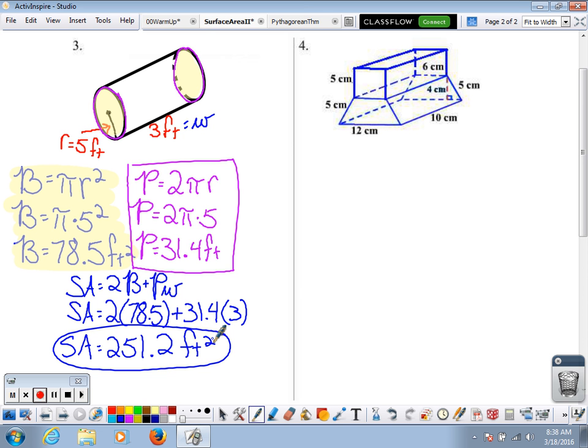Find the distance between those bases. Sub them into the formula. Just keep in mind, area, whether it's surface area or regular area, is always measured in square units. Square feet, square inches, square centimeters, square miles. Always, always, always square units.